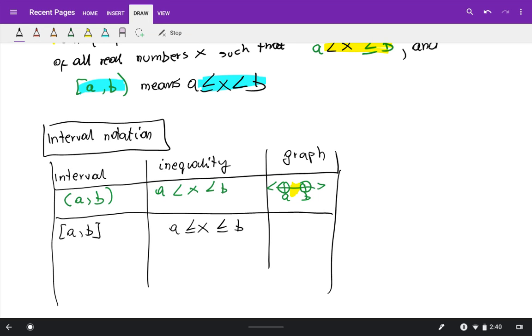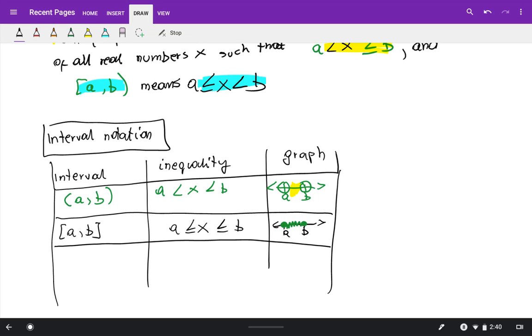To graph it, we put a and b on the number line. In this case, since you have brackets, we are including a and b, they are part of the solution, and all the numbers between a and b. So the first number of that solution will be a, the last one will be b. In open intervals, you cannot really tell what the last number is. We are approaching b, but b is not part of the solution.